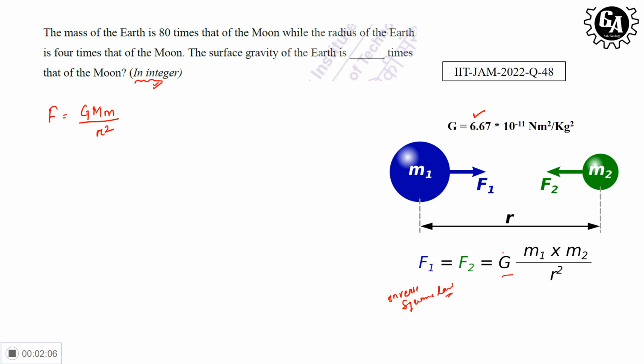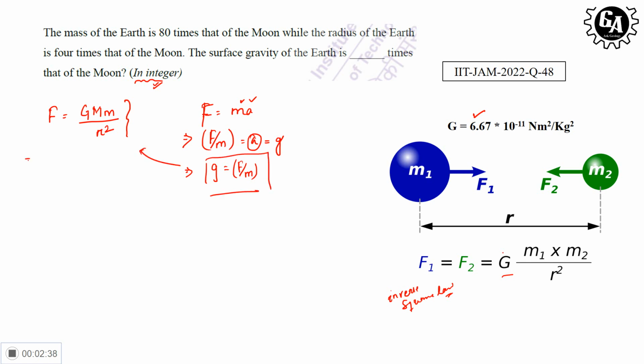This is your formula, and we know F is equal to ma. Force is equal to mass into acceleration. So F by m, force by mass, is equal to acceleration. This acceleration is acceleration due to gravity, which is equal to your g. So can we write g is equal to F by m? Just put this in this equation.